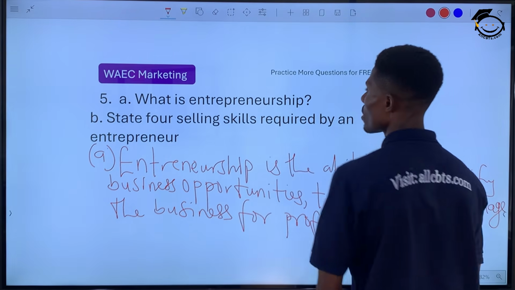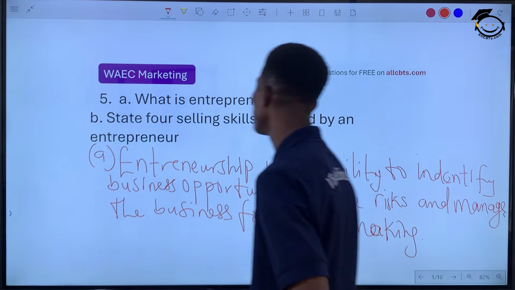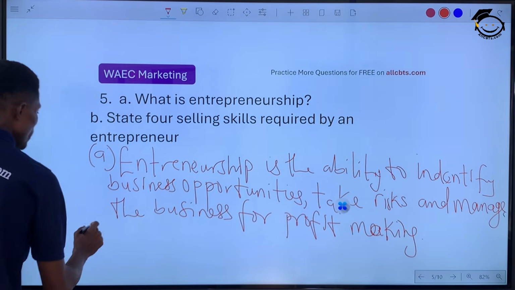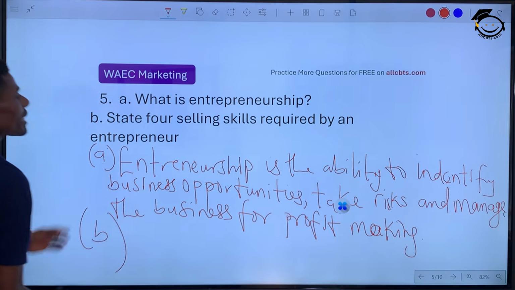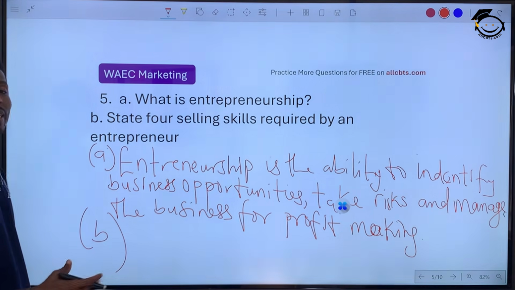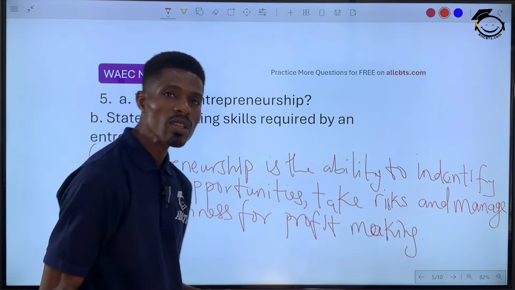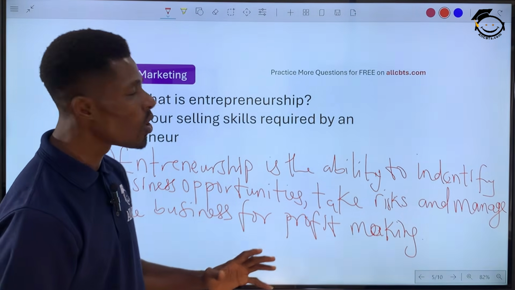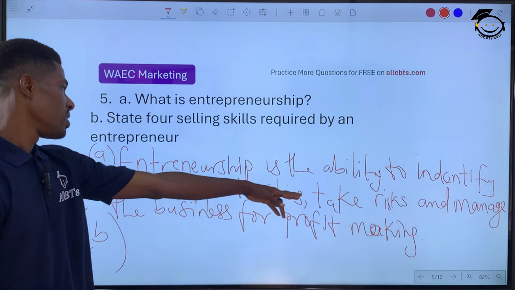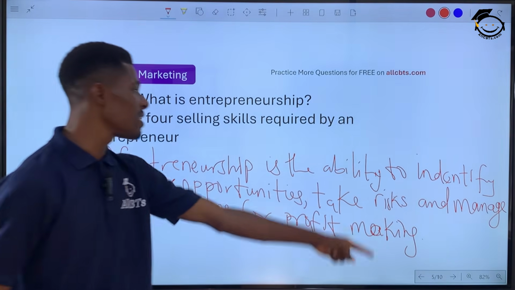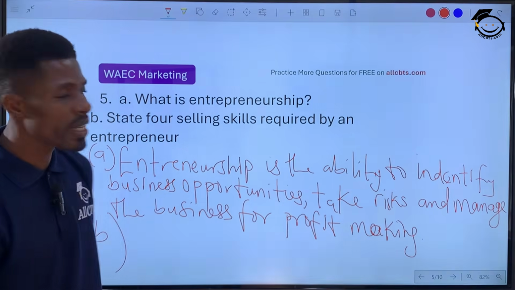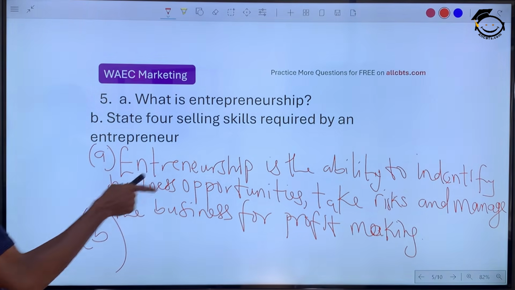Let's go to the next question. Question B, we have: state 4 selling skills required by an entrepreneur. What are the skills an entrepreneur must possess in order to be able to what? To spot business opportunities, take risks, manage the business for profit making.